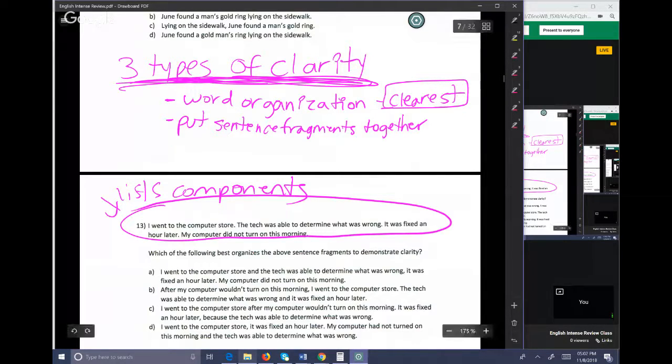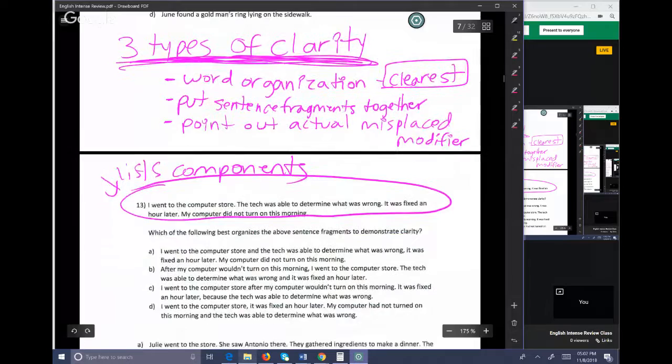And then the third one is where they point out an actual misplaced modifier. Those are coming up again another page later. That's the ones where they say which of the following parts of the sentence is in the wrong place. We talked about those in English 1.